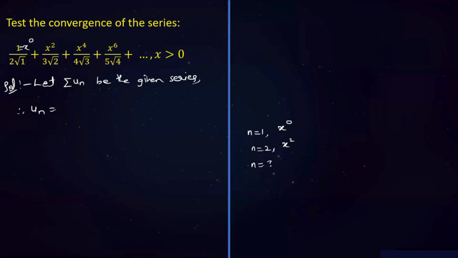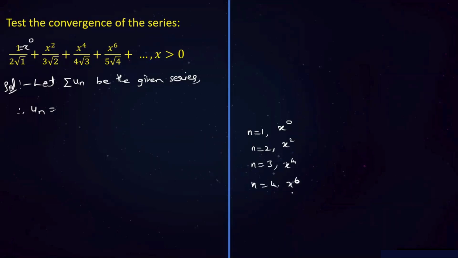Then look at the third one: when n is equal to 3, we have x to the power of 4. Similarly, when you look at the fourth term, n is equal to 4, there we have x to the power of 6.